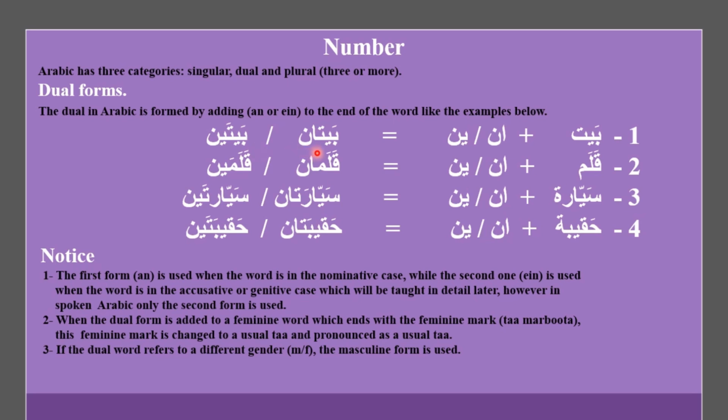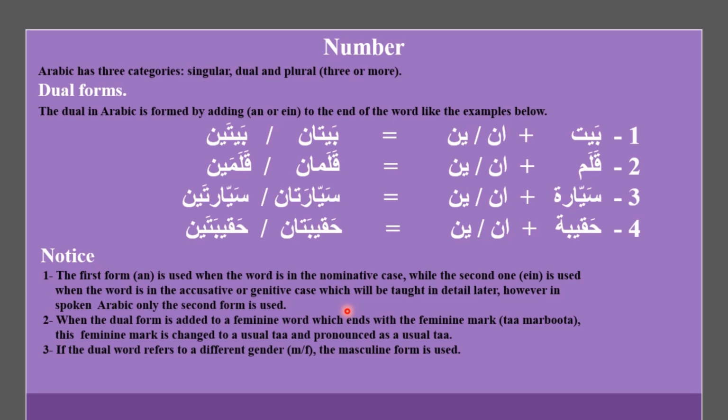Now, you might ask, what's the difference between Baytan and Baytain? Just go to notice one. We will use an if the word is in the nominative case. It's a matter of grammar. And we will use ya and noon if the word is in the accusative or genitive case. You will learn these later.